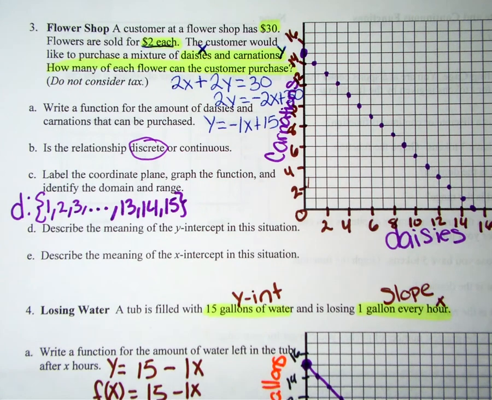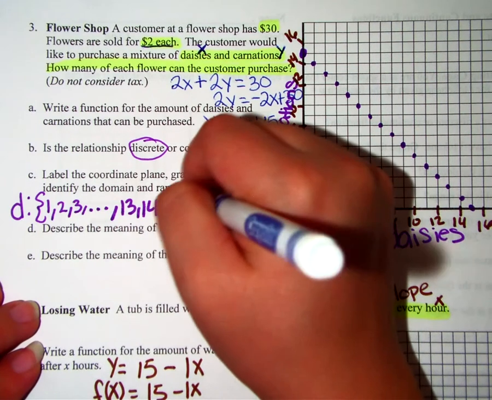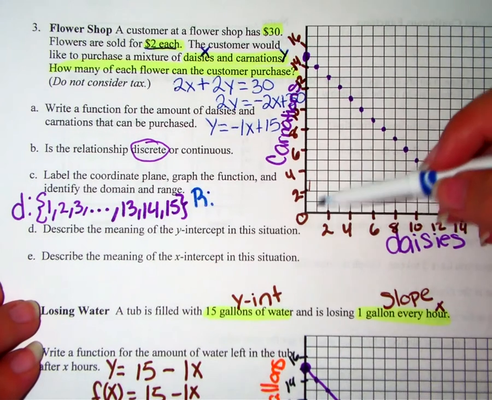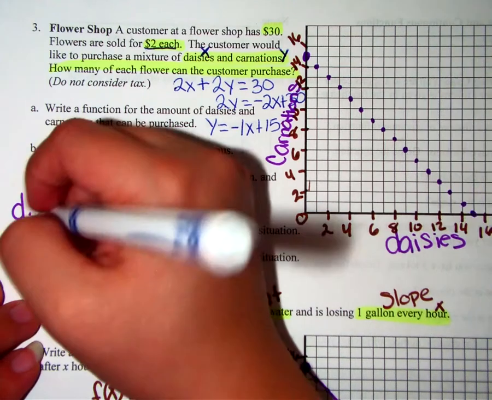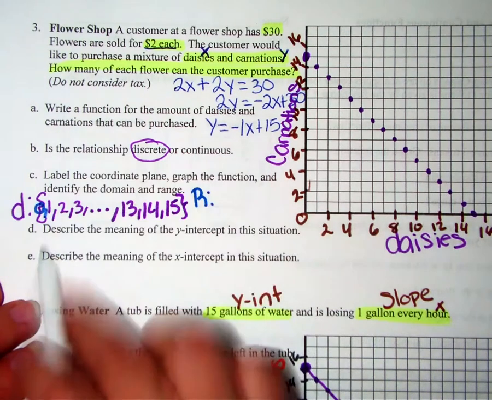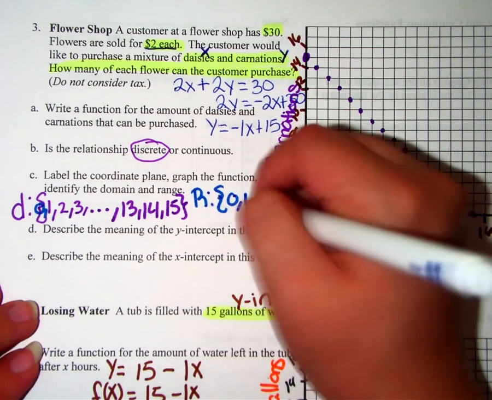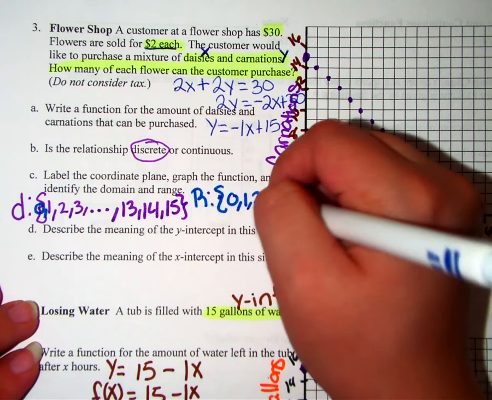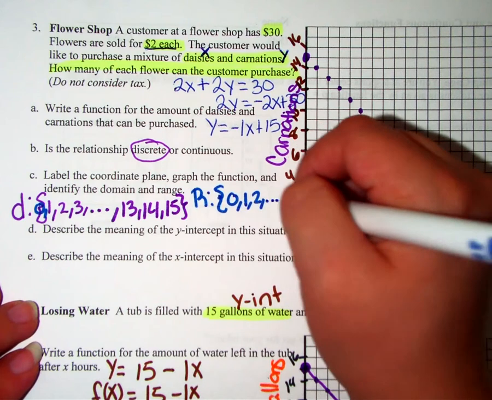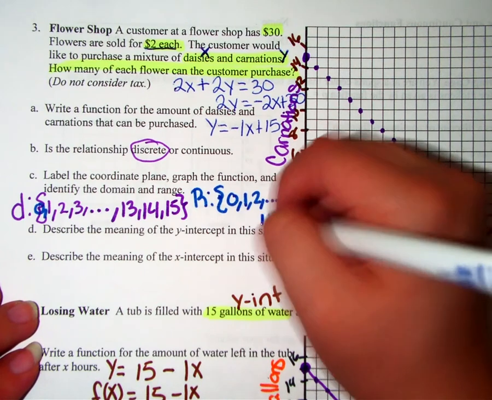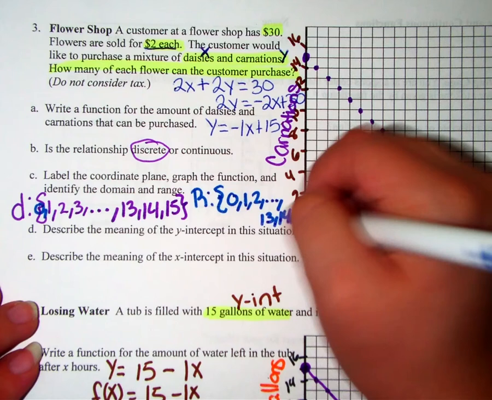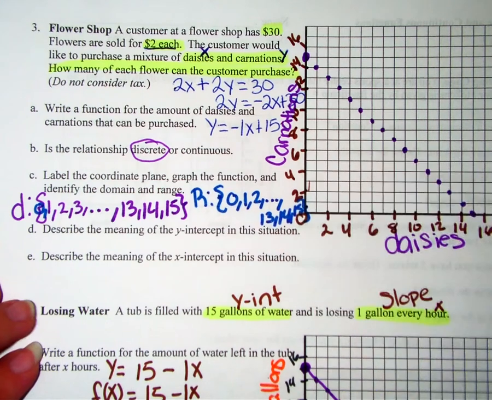So if I want to write the range, it's going to be the same thing. Oh, I'm sorry, there should be a 0 in front of that one. 0, 1, 2, 3. And the range is going to be the same thing. 0, 1, 2, dot, dot, dot, 13, 14, 15.